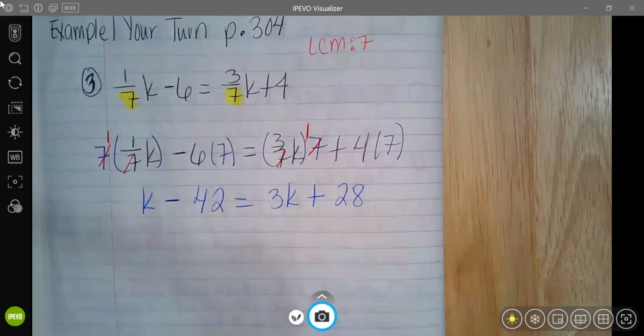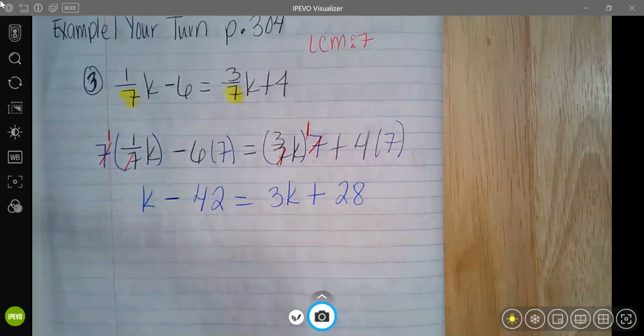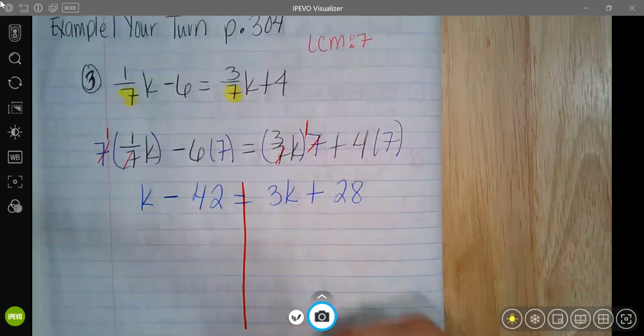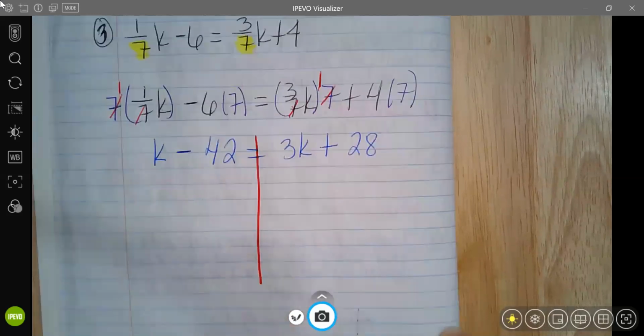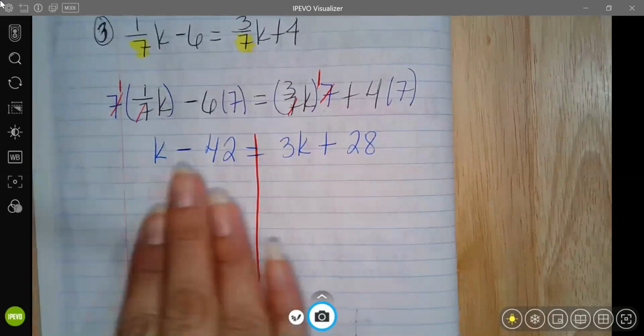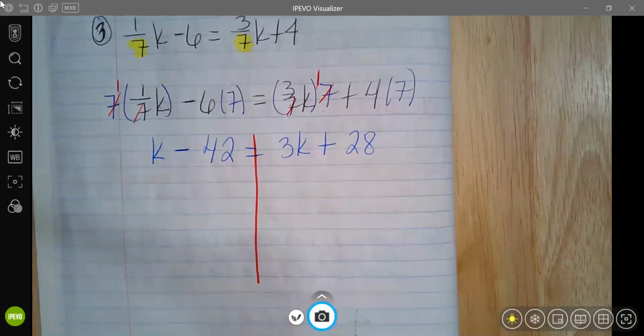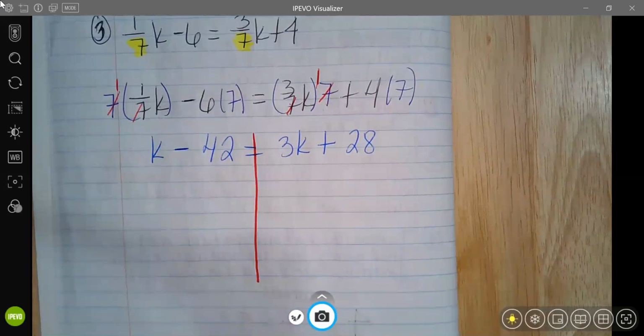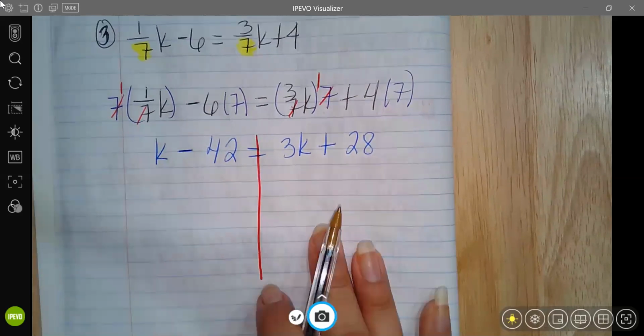Awesome. Once I'm here, I like to add a line that lets me know what I do on one side, I do to the other, or vice versa, right? Because it has to be a balance of an equation, because otherwise everything gets thrown off and it's skewed. All right, so now where can I move first?